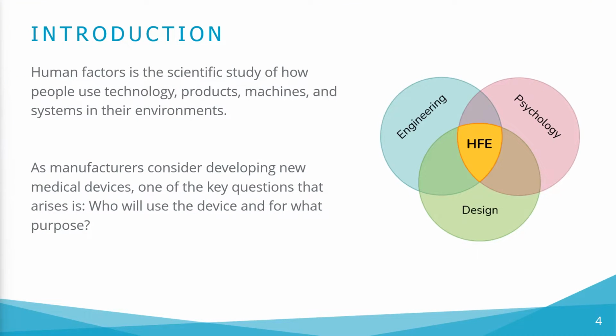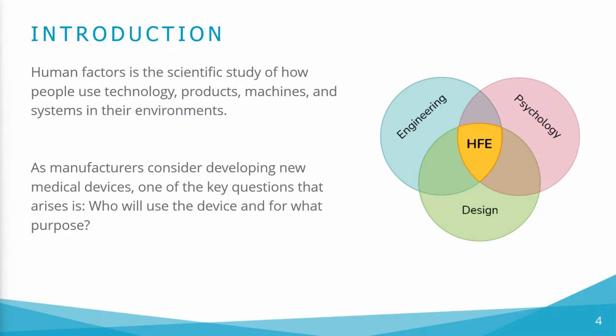What is human factors engineering? Human factors engineering, otherwise known as HFE or usability engineering, is a well established discipline that concentrates on optimizing interactions between people and products. It is purely based on how people use technology, products, missions, and systems in their environments.